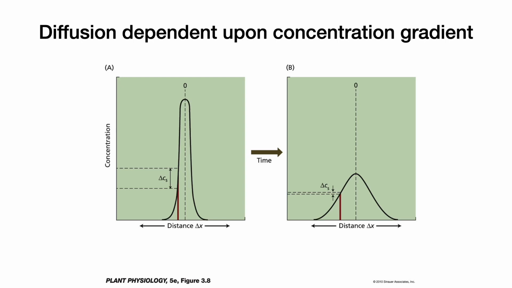And then on the left-hand side, we see in this process this concentration gradient driving diffusion. So we have a very high concentration difference. It's very steep on the figure on A. When we go to the figure on B, after a period of time, we see that the overall concentration has declined, and the concentration gradients now have become much smaller, and thus the rate of diffusion starts to slow down.